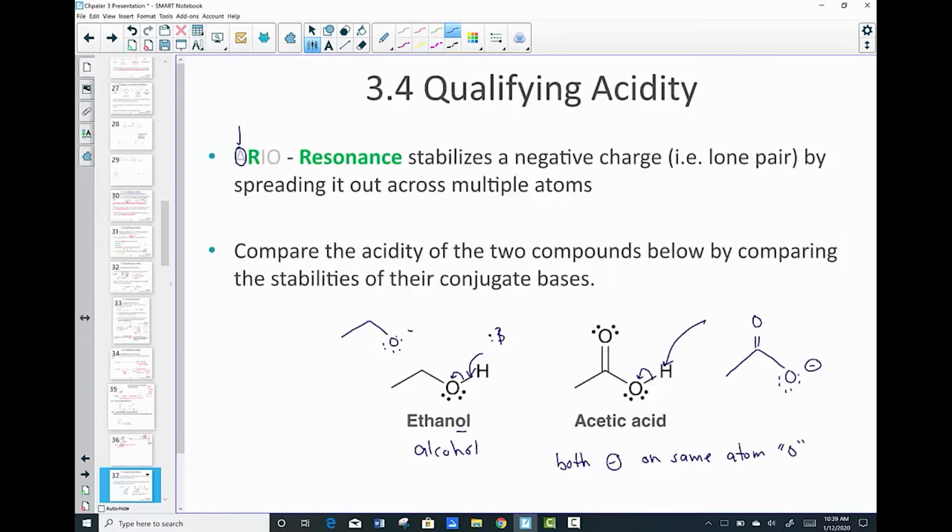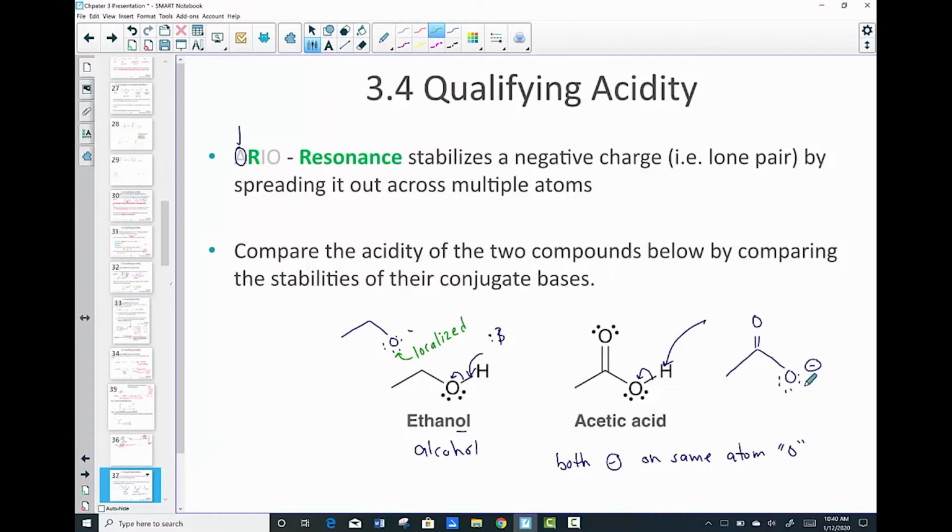Can this negative charge be resonance stabilized? Well, the answer in the alcohol is no. There's no pi bond in this particular molecule at all. These electrons are what we refer to as localized electrons. They have no ability to move through a process of resonance.